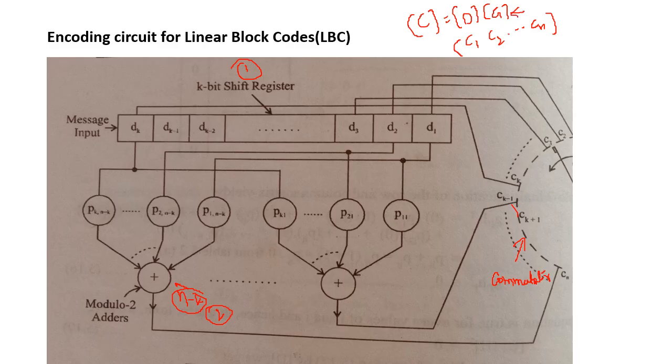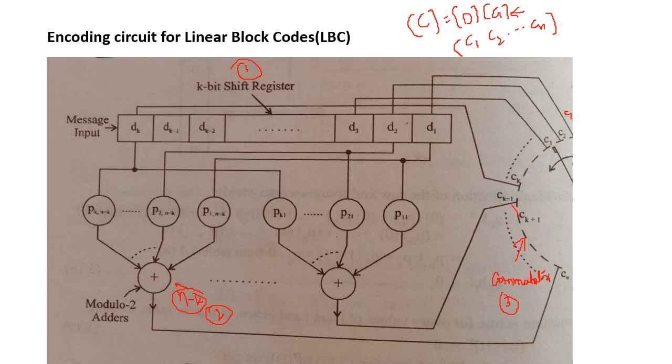If it is 1, we connect it; if it is 0, there will be no connection of that particular P bit value here. The respective output you connect to the n-segment commutator here. If D1 is C1, then we connect D1 directly to C1 here, and if D2 is equal to C2, we connect it directly here, and this forms your encoding circuit.